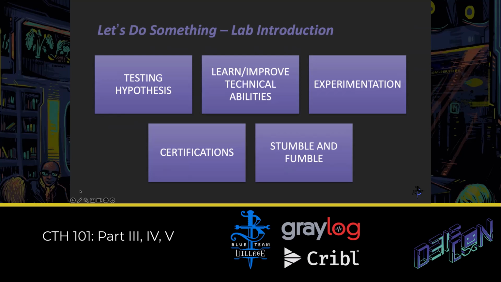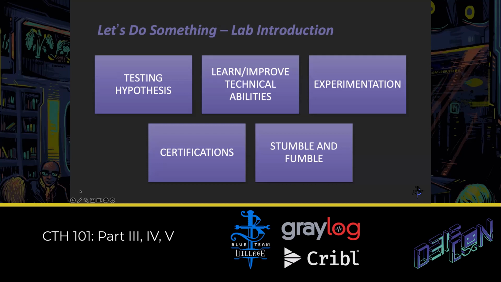Creating a lab helps us test our hypothesis, improve our technical understanding, obtain certifications if that's what we need, and learn from failures by reading through error messages after error messages, working out what caused them, searching through Google and the technical documentation, which helps in building ourselves and is a very valuable exercise.